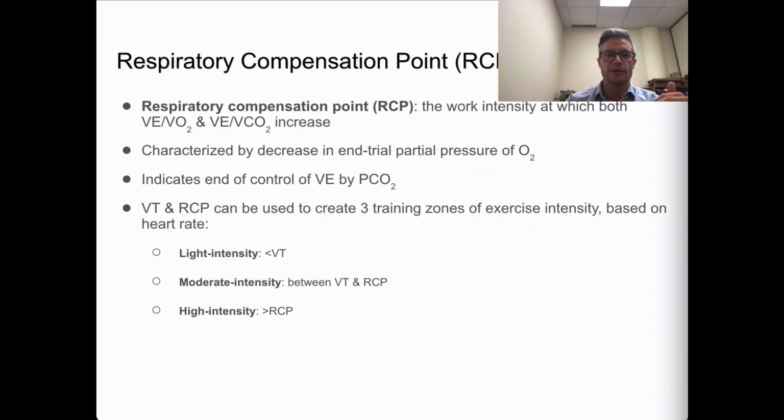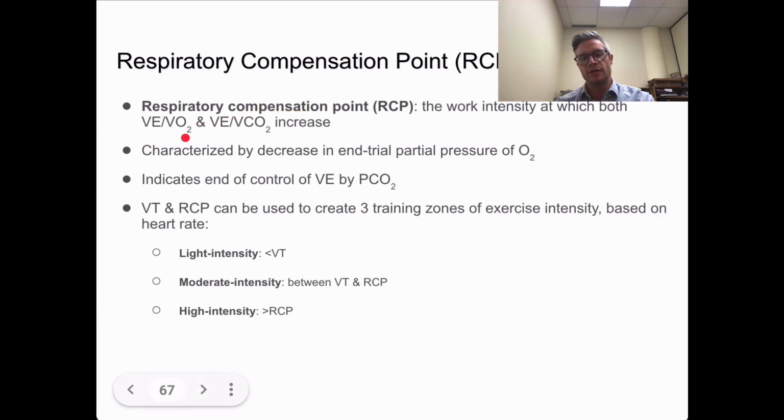In particular, we want to note that it's the work intensity when both ventilatory equivalents for our VO2 and our VCO2 increase, and that's really when we've pushed into our anaerobic threshold, into very high intensity exercise that isn't very sustainable.